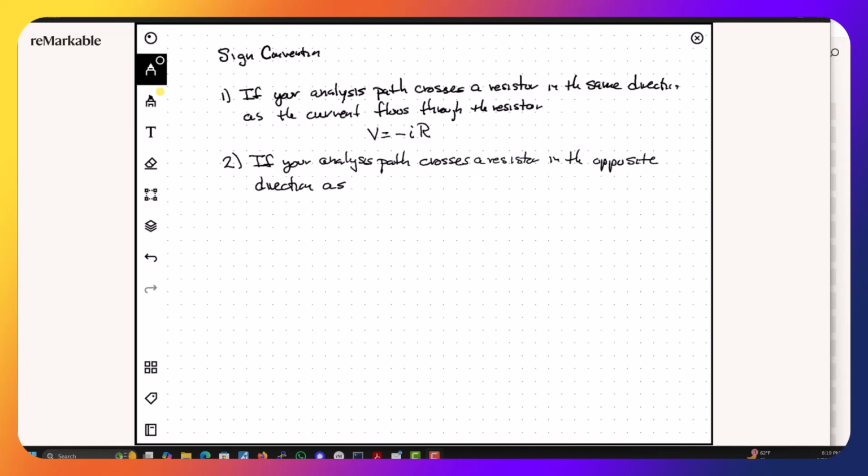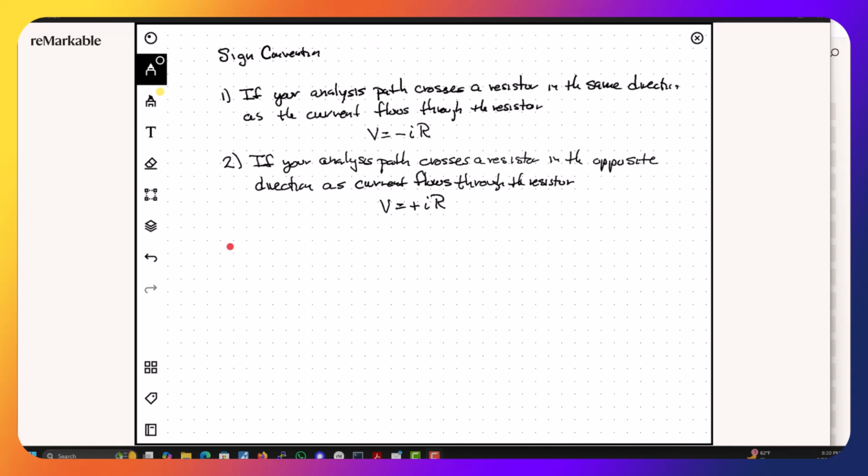If your analysis path crosses a resistor in the opposite direction as the current flows through the resistor, well, you can guess what's going to happen: V equals plus IR. Okay. The circuits we're going to analyze are really only going to have resistors and batteries in them.